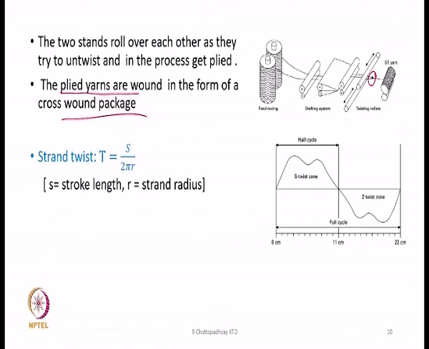And the strand twist is S by 2 pi r, where S is the stroke length and r is the strand radius, which is a function of the count of the roving and how much draft we are giving. So, how much stretch is there in the drafting zone and what is the linear density of the roving that we are feeding.